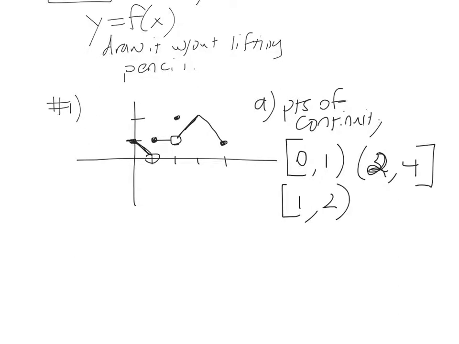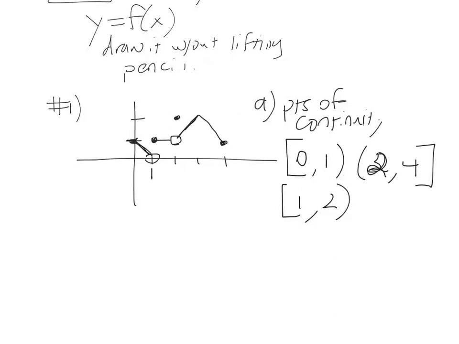I don't know if the brackets and the parentheses are bothering you. Brackets mean it is included. So this point right here at x equals 0 is part of my interval, but 1 is not because 1 was an open circle of this interval. But then 1 is included here, but 2 was not. 2 is an open circle. It's not continuous at 2. And then it is continuous from 2 all the way to 4, including 4 because 4 has a solid dot at it.